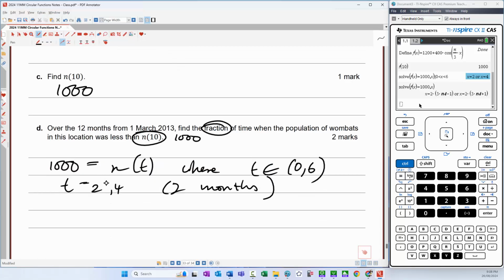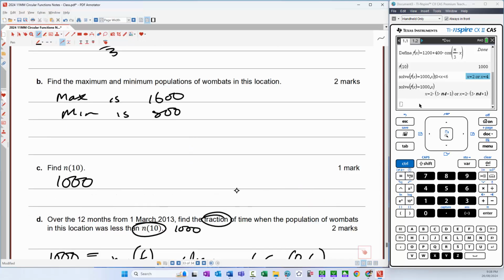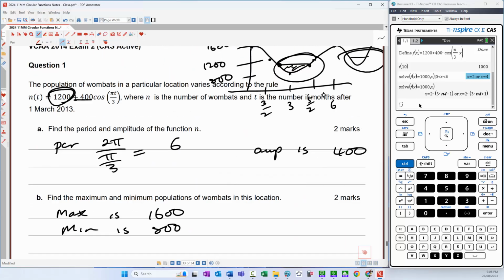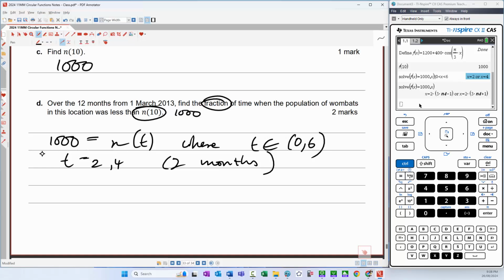Okay, so that's going to be 2 months, and then there's also going to be another 2 months in this section here. So double 2 months is 4 months. Now it wants it as the fraction of time, so it's 4 months out of a total of 12 months, which is 1/3 of a year. There's our fraction.